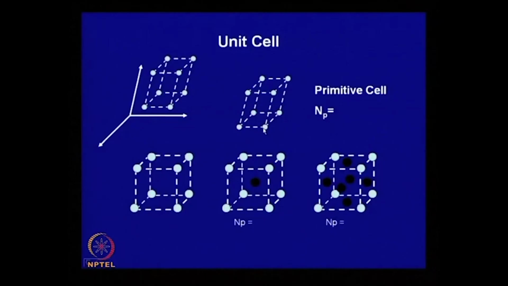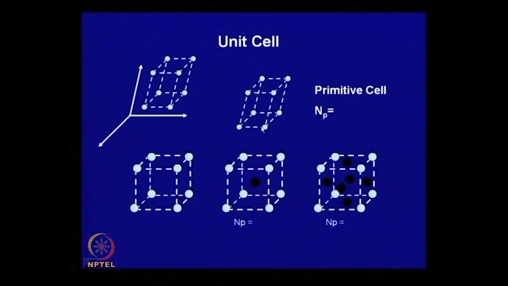Here we have points only at the corner of the cell. And let us try to calculate how many lattice points there are in a cell like this. This cell where you have points only at the corner is called primitive cell.